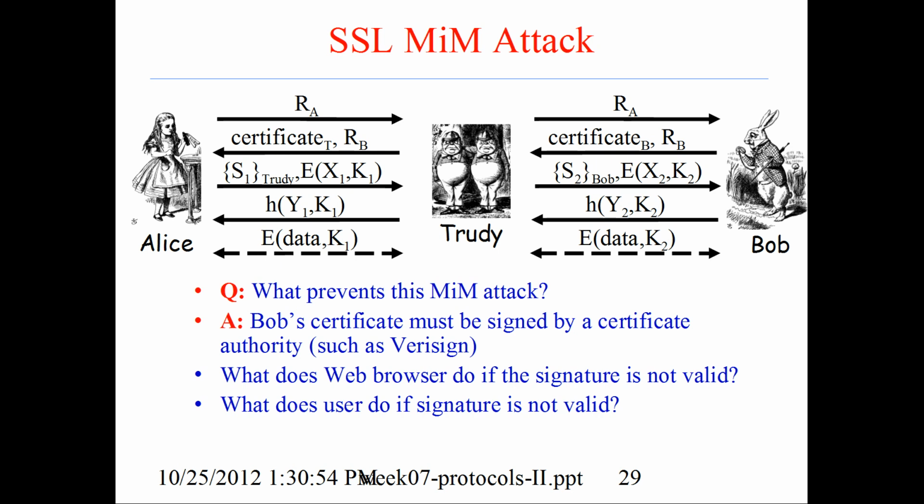And then Alice replies with her encrypted response to Bob's random request, encrypted with her own key, and Bob responds accordingly.